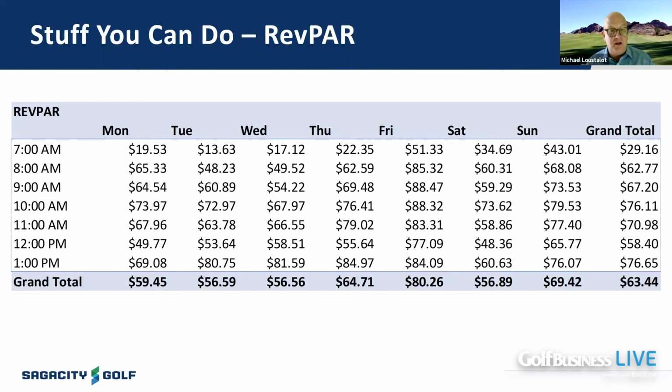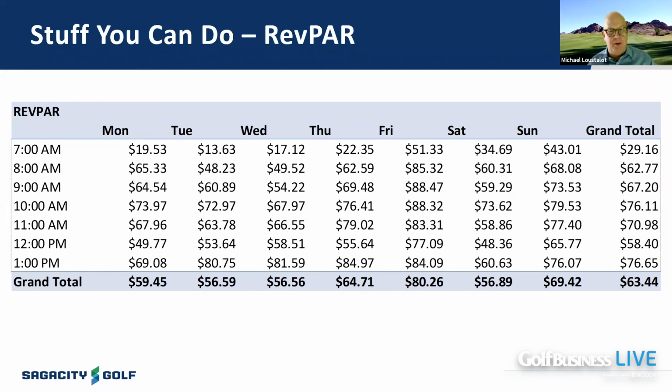And that'll be the topic of another webinar on a different day, is how to build a program around the hours that have the least amount of RevPAR. But the important part in this beginning exercise is just knowing how to calculate it.